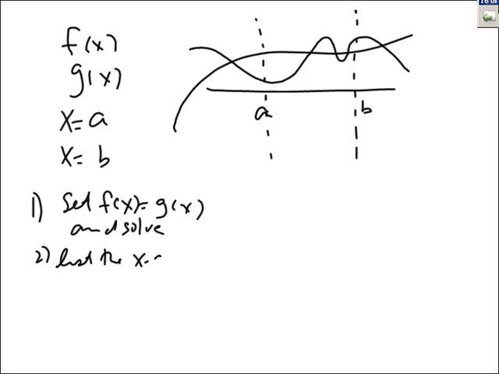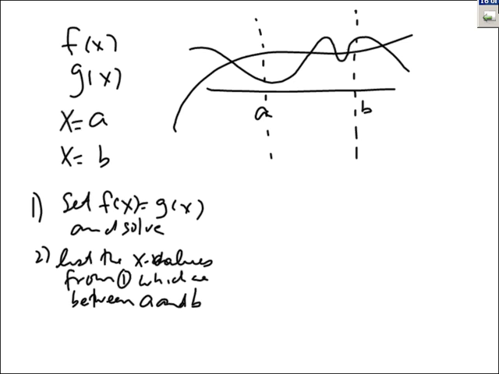List the x values which are between A and B. I don't care what happens outside of A and B. So, suppose that list was just C. So, you have A, C, and B.